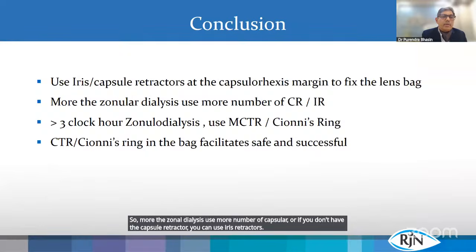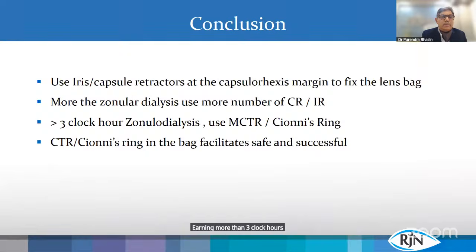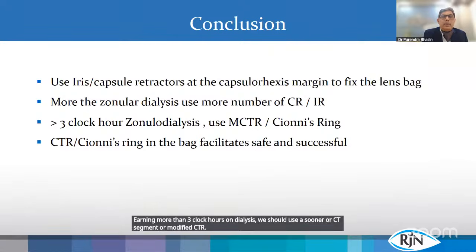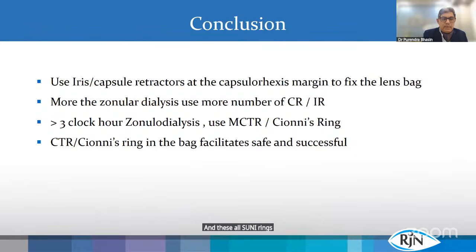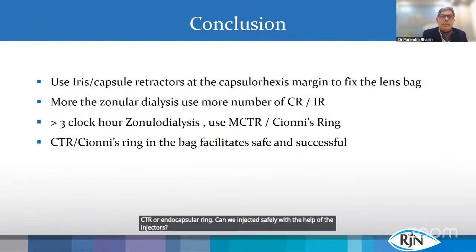And in more than 3 clock hours of zonular dialysis, we should use a CTR or CT segment or modified CTR. And these CTRs, CT segments or endocapsular rings can be injected safely with the help of injectors.